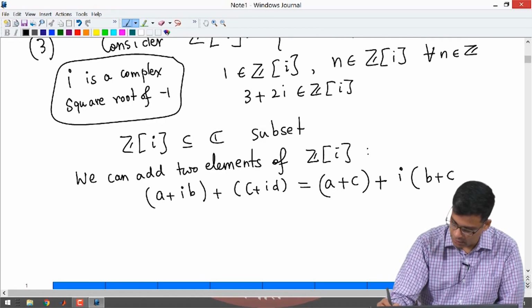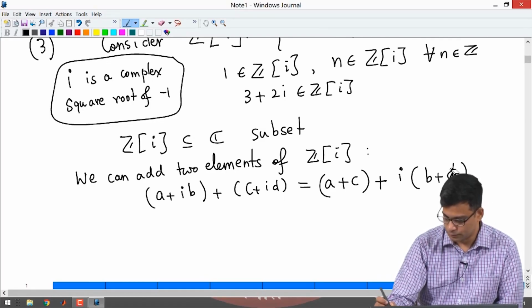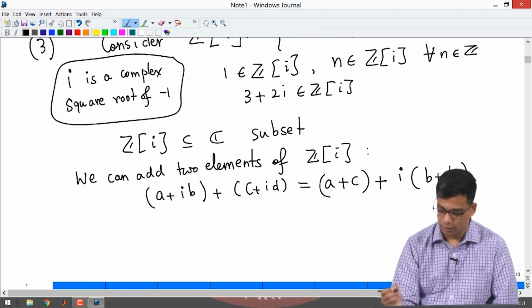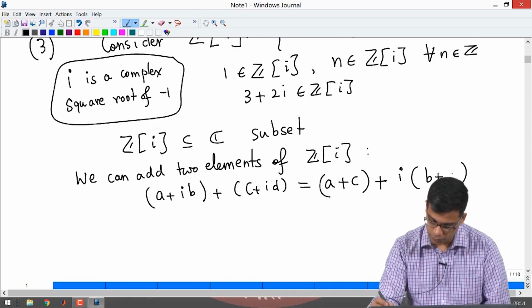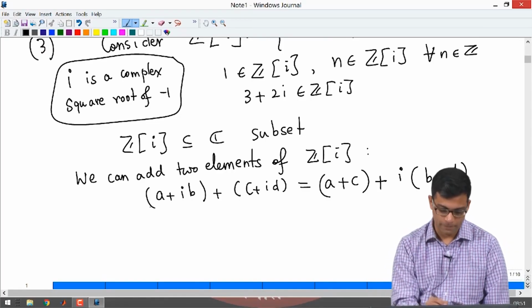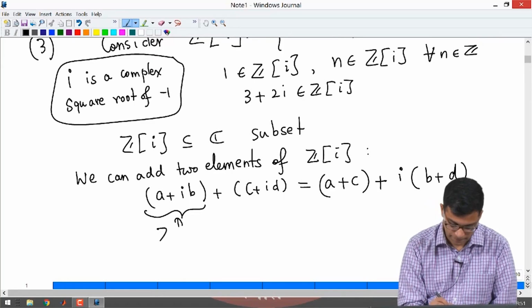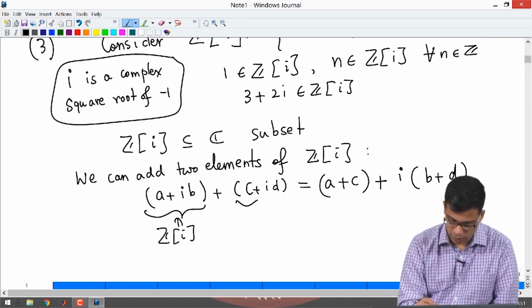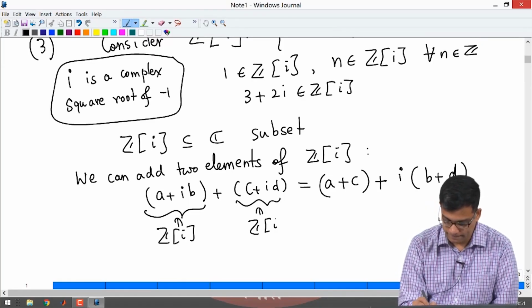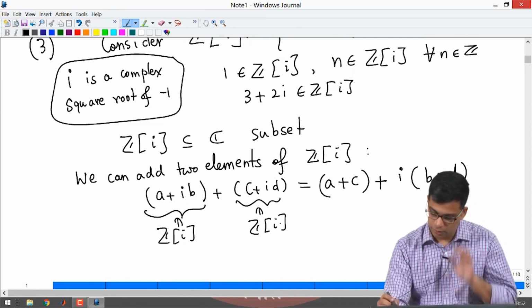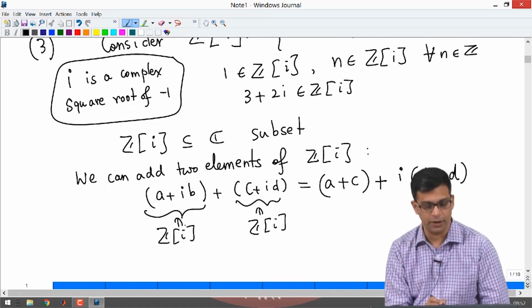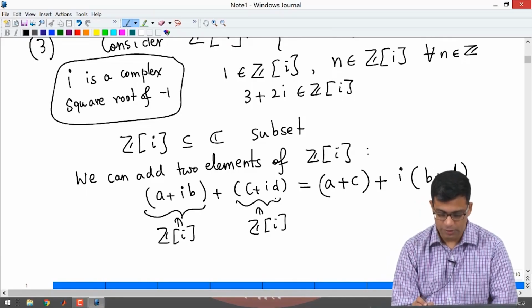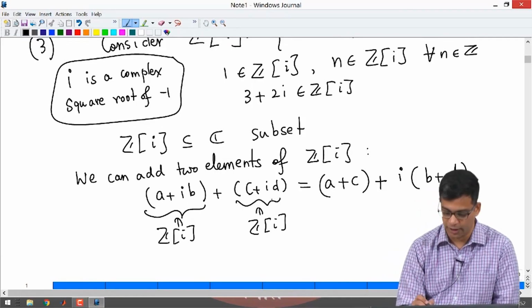So, a plus c plus i times b plus d. Now, if this is in Z[i] and this is also in Z[i], that means a and b are integers by definition, c and d are integers by definition.